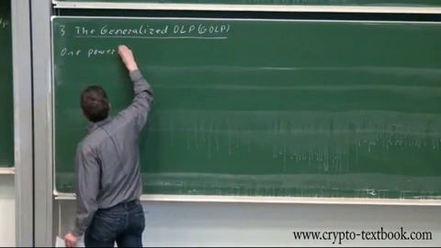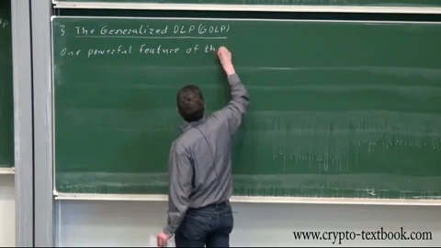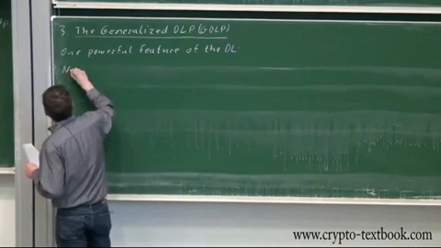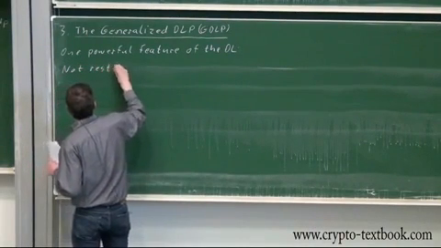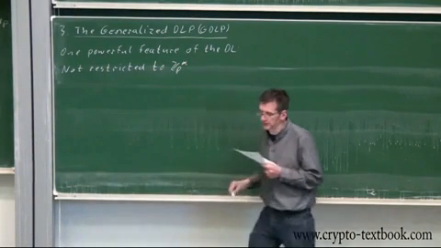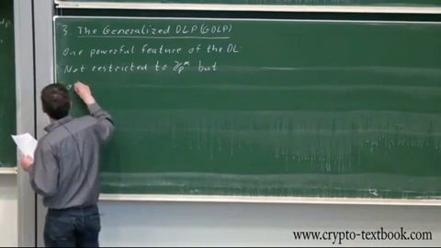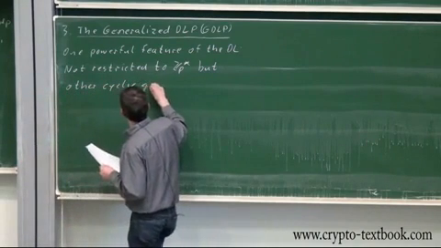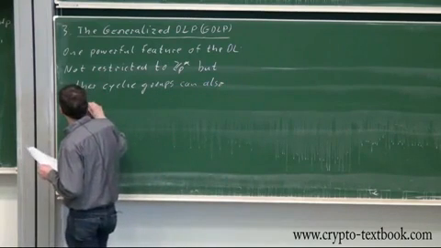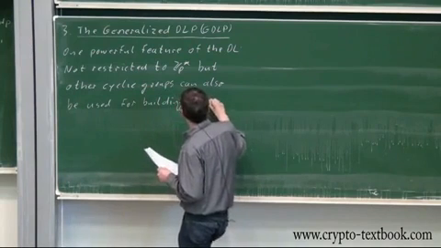One powerful feature of the discrete logarithm, one thing that is really cool, is that it is not restricted to Z_p star, but other cyclic groups can also be used for building DL cryptosystems.